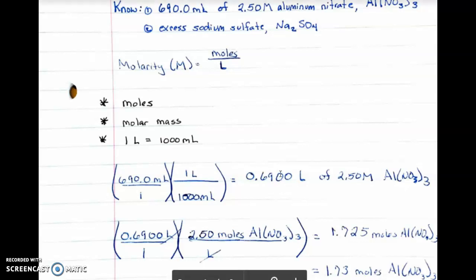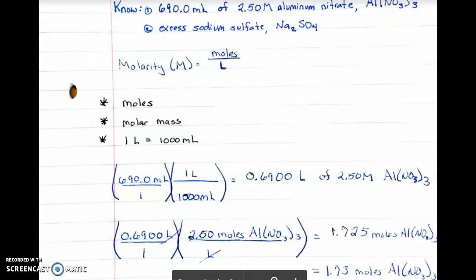Now, notice that I had to keep these two zeros at the end because I need 4 significant figures. In my 690.0 milliliter solution I have 4 significant figures, and so my answer must have 4 significant figures.